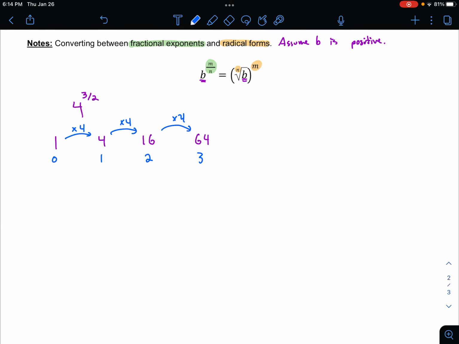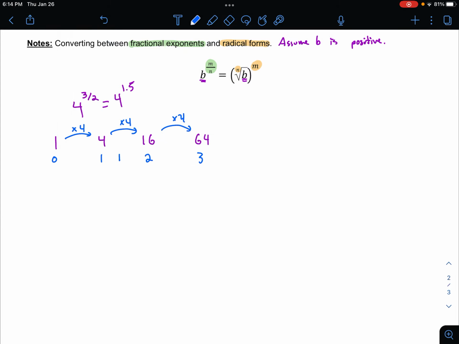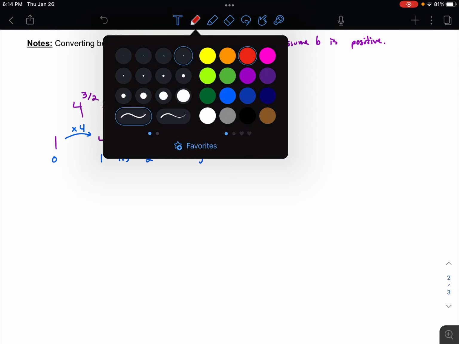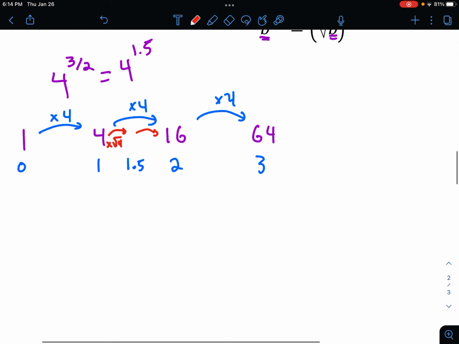And so if we want to raise 4 to the power of 3 halves, well, that's like 4 to the 1.5. So we might be interested to think, what's halfway between multiplying by 4 one time and multiplying by 4 twice? And so we need to subdivide a multiplication of 4 into 2 steps. And that turns out is multiplying by the square root of 4.